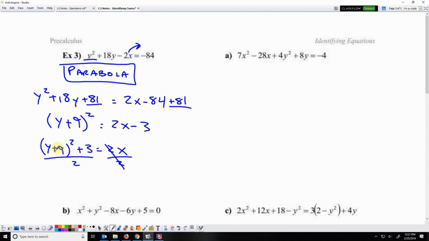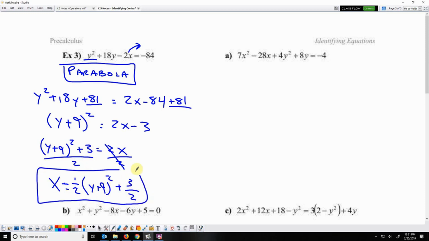I'm going to divide both terms, so this is one term and this is one term, by 2. I'm actually going to put the x in front. When I divide this term by 2, that's the same as multiplying it by 1/2. And 3 divided by 2 is 3/2. So there's my standard form for that parabola.